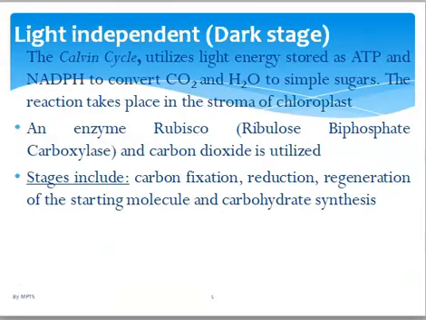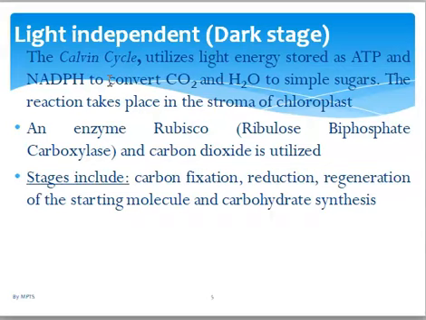Now, the light-independent stage, or the dark stage of photosynthesis, utilizes the energy from the light stage, ATP and NADPH, to convert carbon dioxide and water into simple sugars. It takes place in the stroma of the chloroplast, while the other stage takes place in the thylakoid.